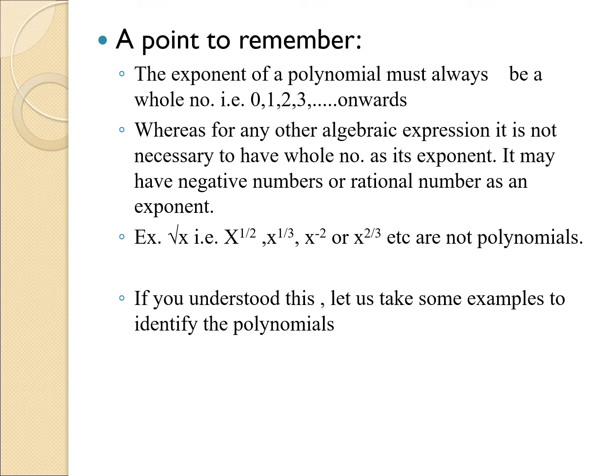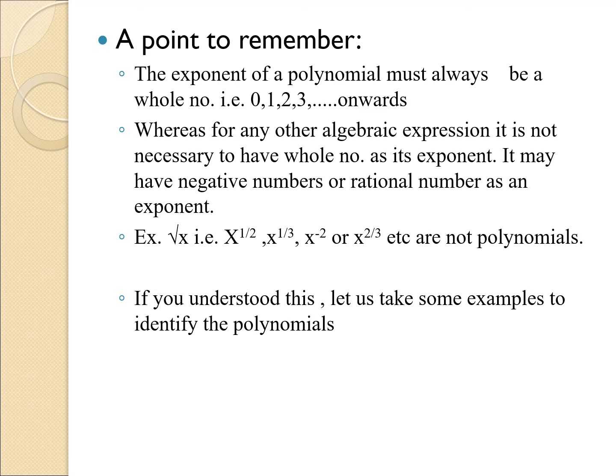This can also be written as x raised to 1 by 2. Is it an algebraic expression? Yes, it is, but it is not a polynomial because the power here is 1 by 2 and it is not a whole number. Rational numbers are not allowed. Negative numbers are not allowed as an exponent in polynomials. So x raised to 1 by 2, even though it is an algebraic expression, is not a polynomial.